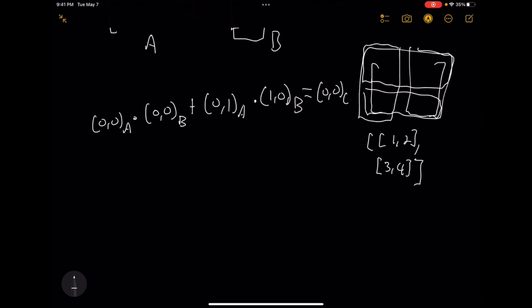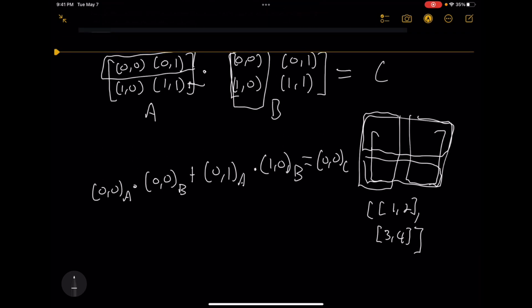We're going to walk through a few more examples so we can see what changes after each iteration.